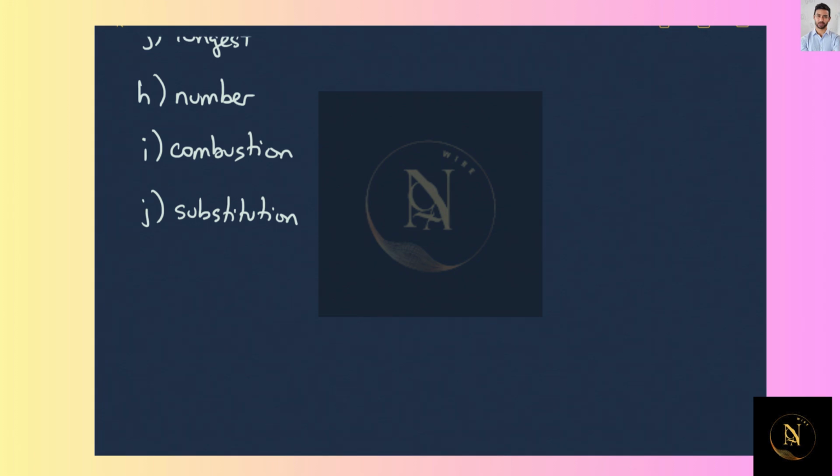For K, alkenes and alkynes are characterized by their ability to undergo rapid, complete addition reactions by which other atoms attach themselves to the carbon atoms of the double or triple bond.